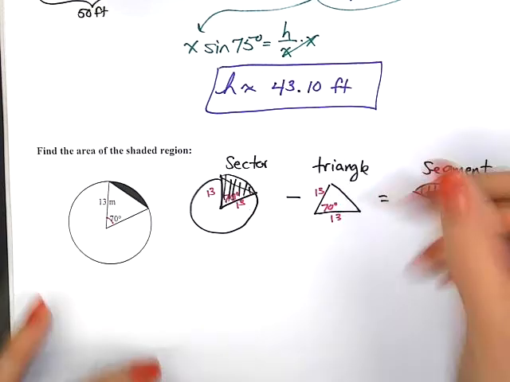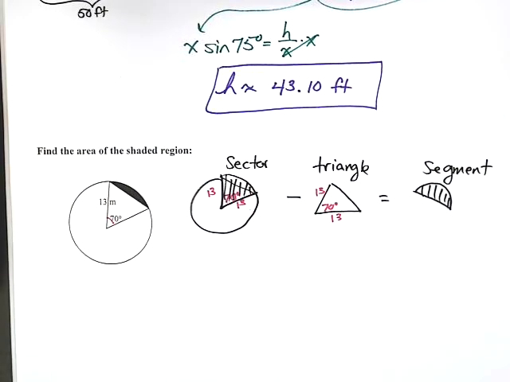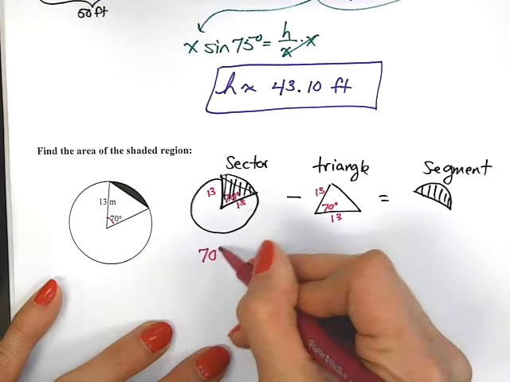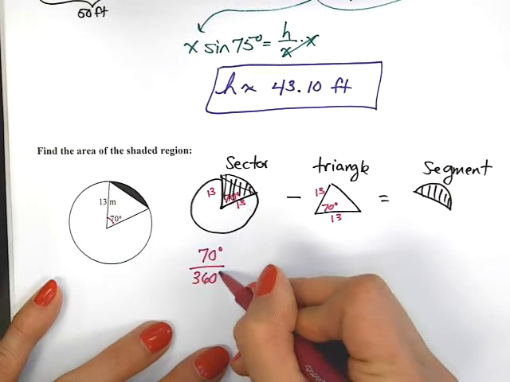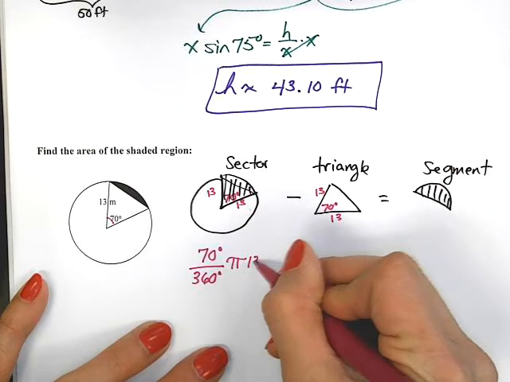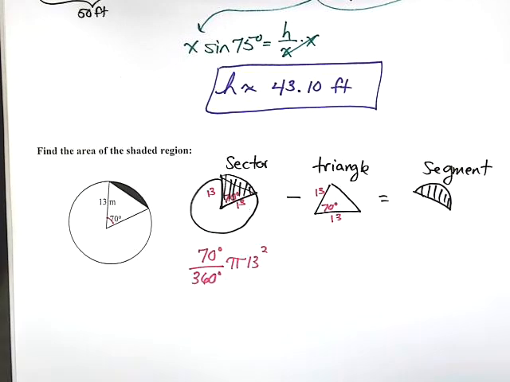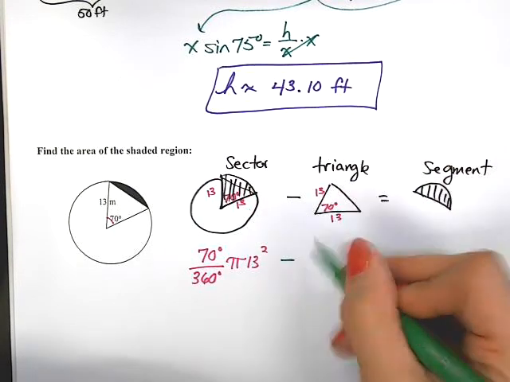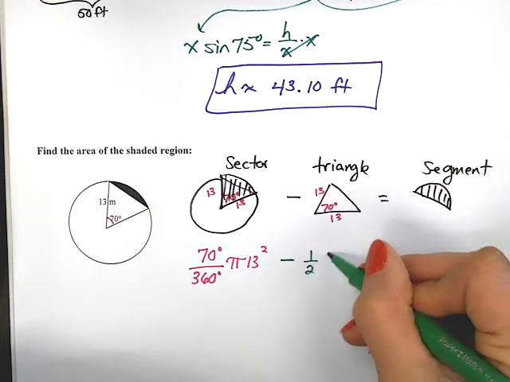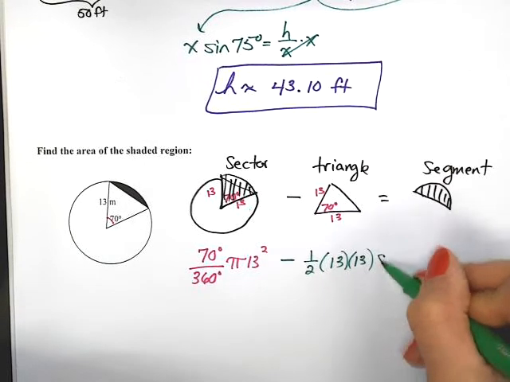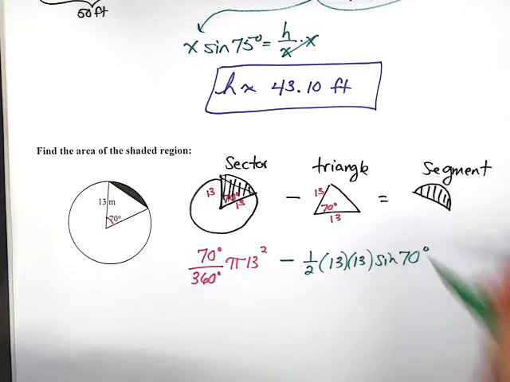Okay, so the setup here is going to be pretty straightforward. There is a formula for sector, and it's 70 degrees out of 360. That's a fraction of the area, pi r squared. A triangle, let's go and subtract triangle. Since we know side angle side, I'm going to say that it's 1/2. And then it's side 13 times the sine of 70.